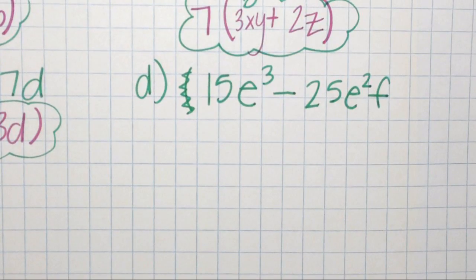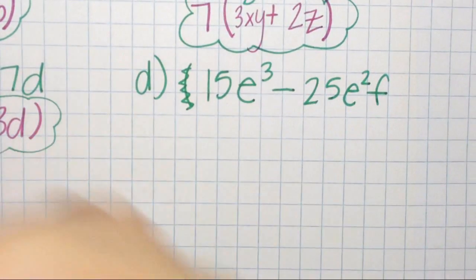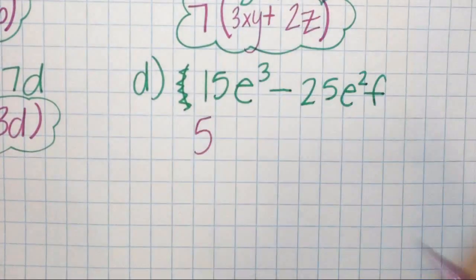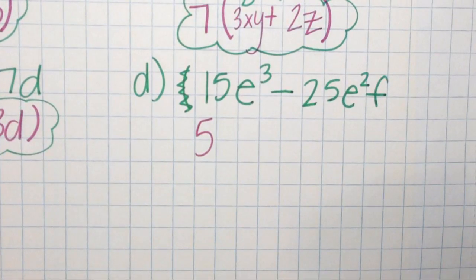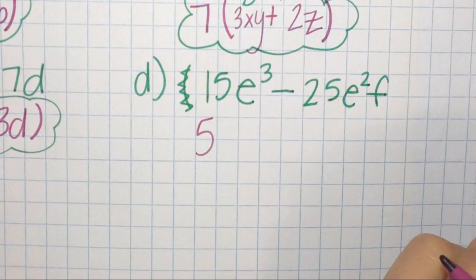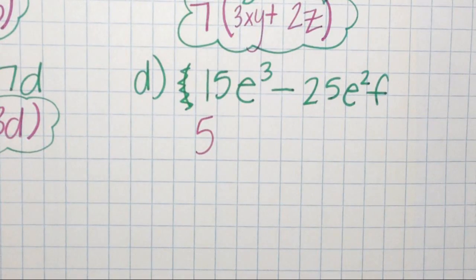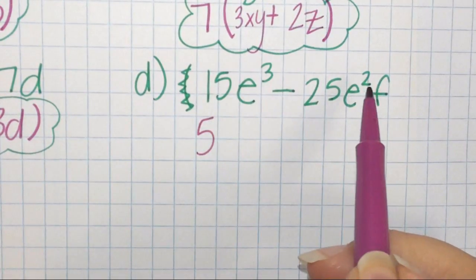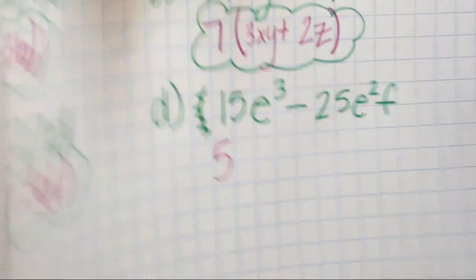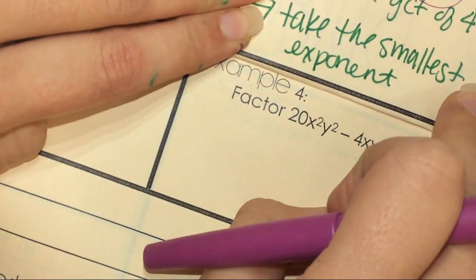Alright, so the biggest number that divides into 15 and 25 is 5. All right, now, do they have a letter in common? Yeah, no, because it has an F. But they still have a letter in common. So remember, if they have a letter in common, you take the smallest exponent.